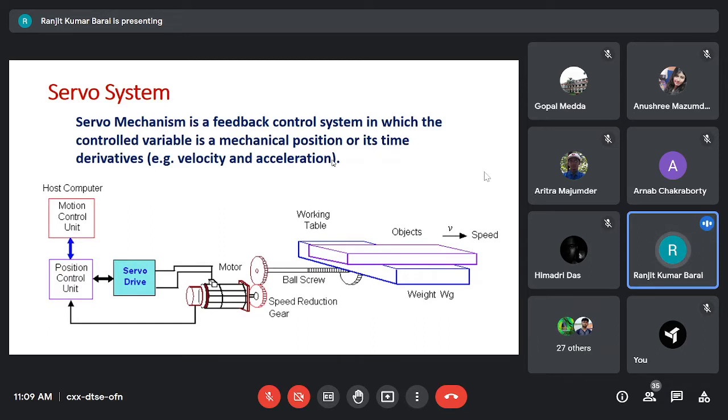So a DC servo motor is a type of DC motor which is used in motion control applications. Here it's working in closed loop.